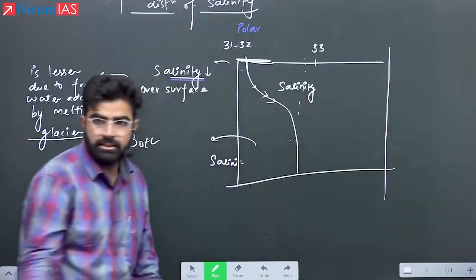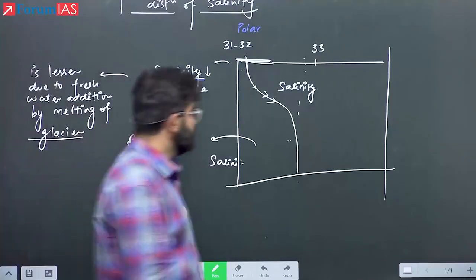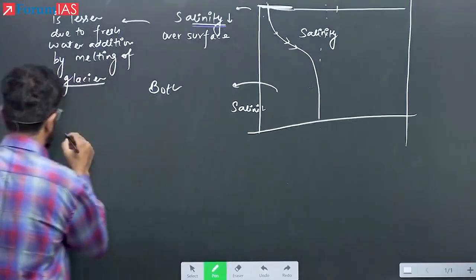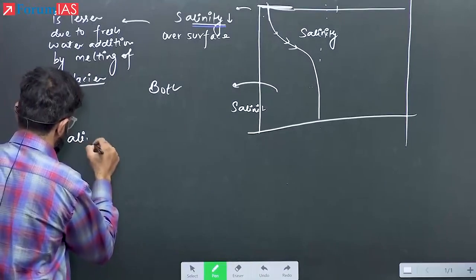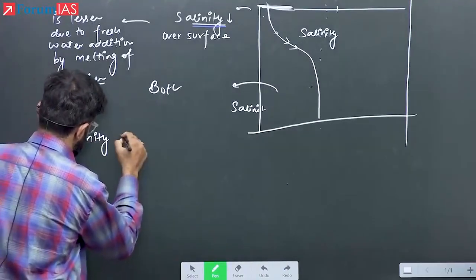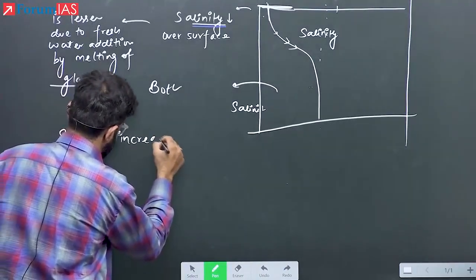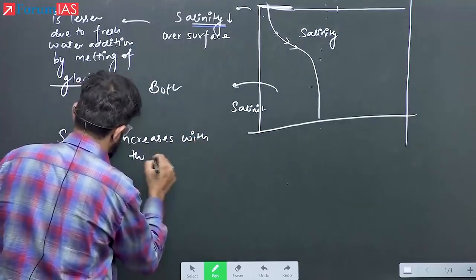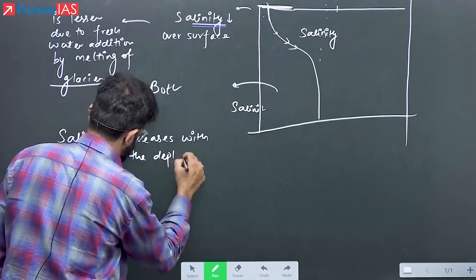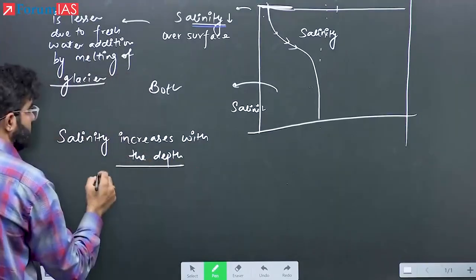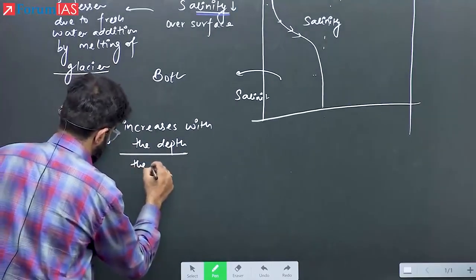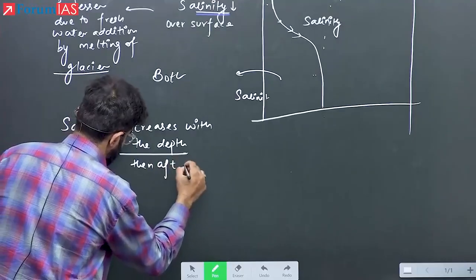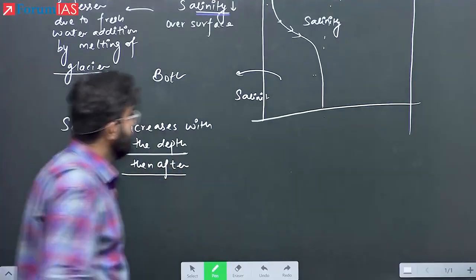Okay, this is the pattern in the polar areas. Remember this one. So I am writing here: salinity will increase.